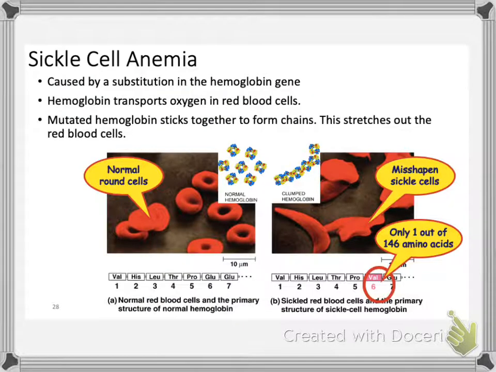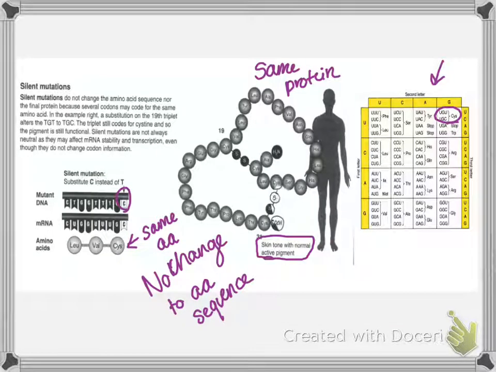Let's look at a real-world example, besides skin color, of a substitution that could be potentially harmful to an individual. With skin color, we learned that it could be beneficial depending on where you live in the world.